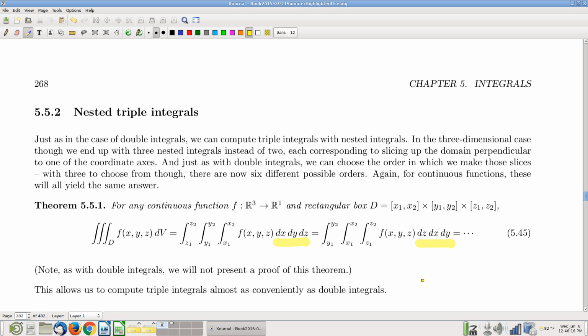If you think about the number of different ways you can order 3 things, there are 6 different ways. So we can do dx first, or dy, or dz. There's 3 different choices, after which you still have 2 choices of what to do with the last 2. So it's 3 times 2 is 6. Didn't have enough space to write them all down, but you see the pattern.